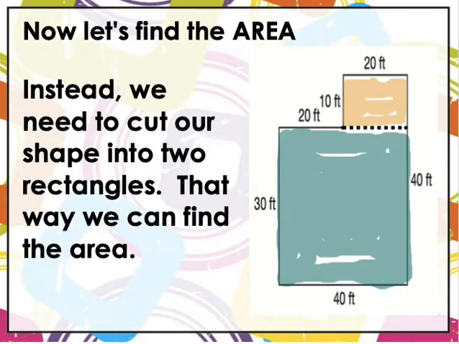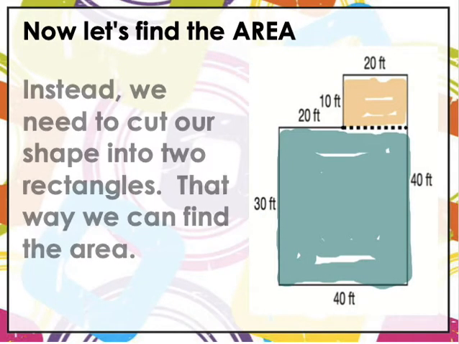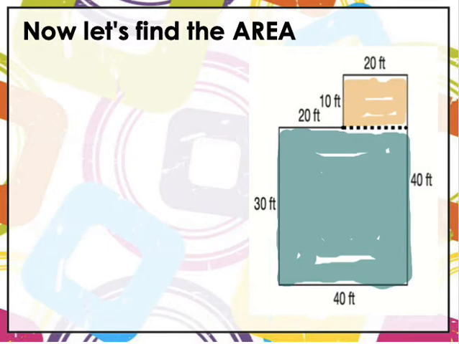So instead, I have to cut our shape into two rectangles. You can notice that I cut our shape into two rectangles by drawing a line where the little jut piece is. Then, for us to see it easier, I shaded in each different shape. Now to find the area of that shape, I'm going to multiply the sides.